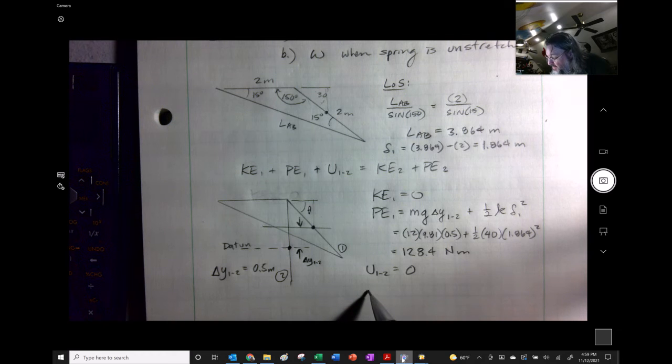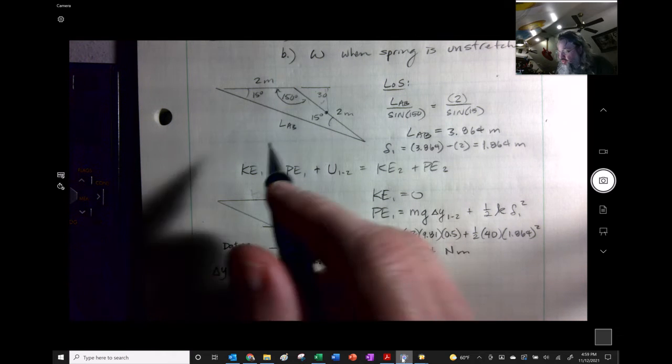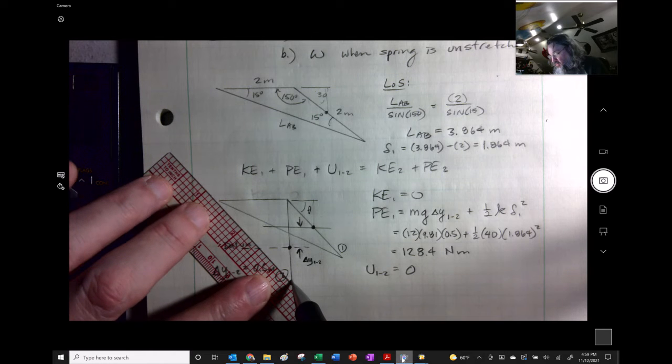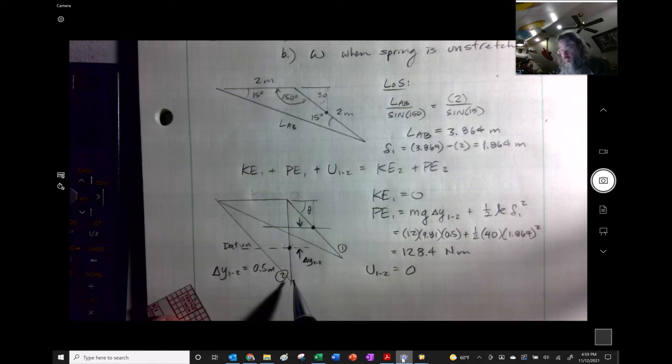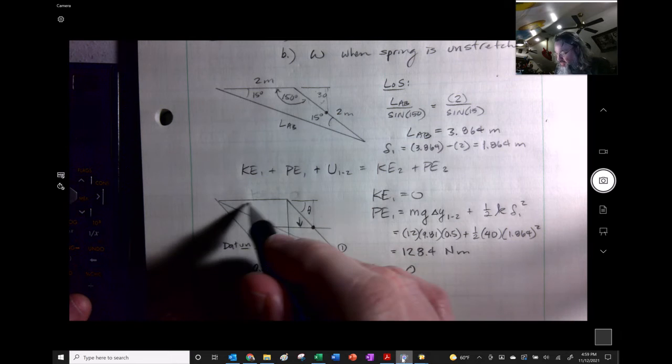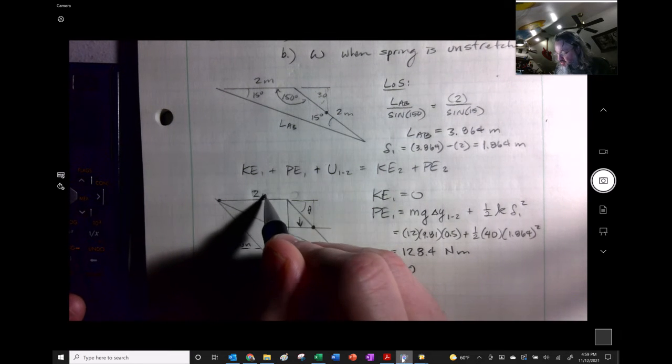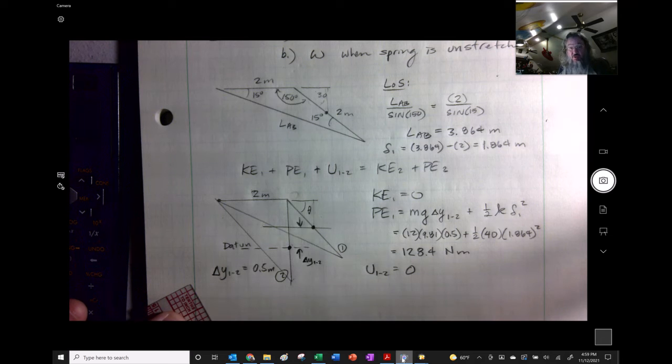And some more geometry that I need to do. I need to figure out the spring length when it's right here. That shouldn't be too hard. The spring should be at 45 degrees because this right here is 2 meters, and that right there is 2 meters.